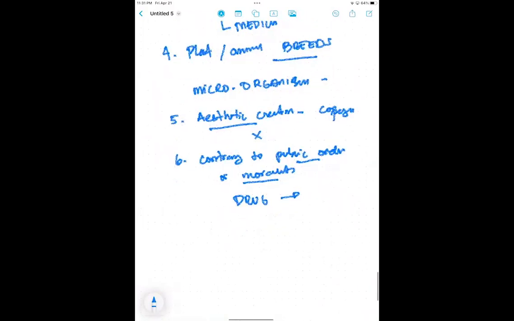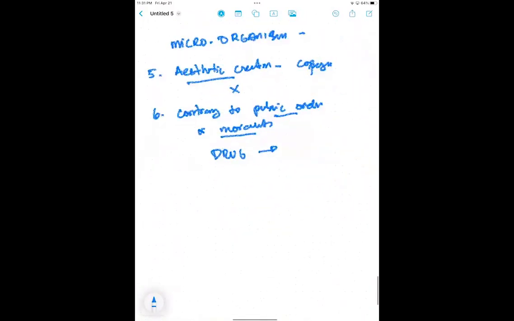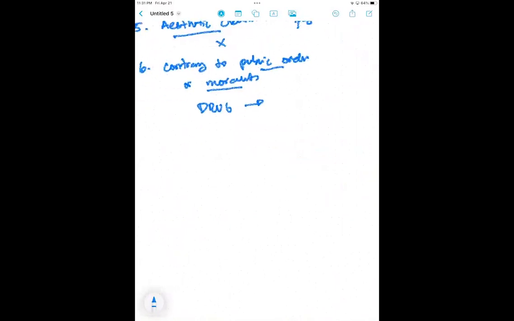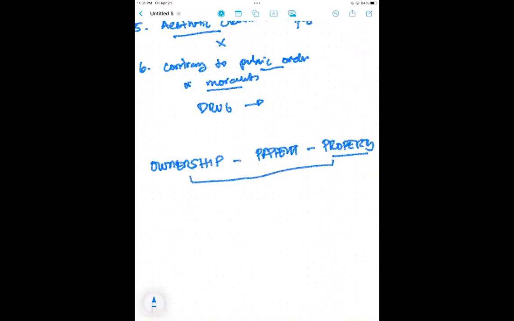Okay? Now, next topic under the syllabus is ownership. Like what we mentioned earlier, patent is a property. And because it is property, therefore it is subject of ownership.